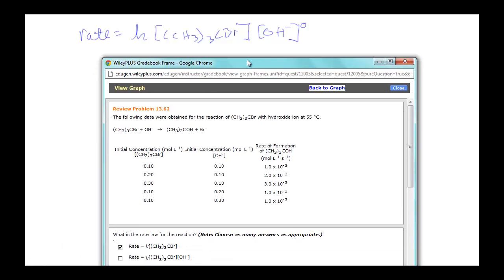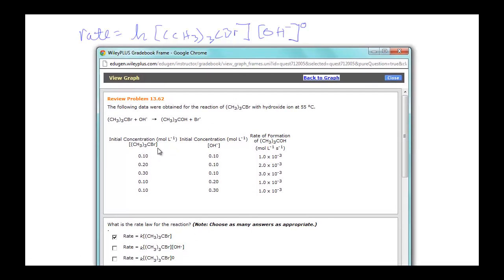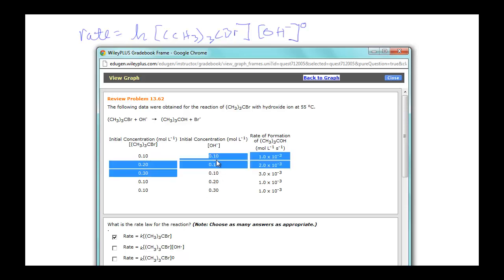And for determining the exponent in the (CH3)3CBr, we have to keep the hydroxide ion concentration constant, and we vary the (CH3)3CBr concentration. So that's the first 3 over here. If we start off at 0.1, the rate is 1 times 10 to the minus 3.